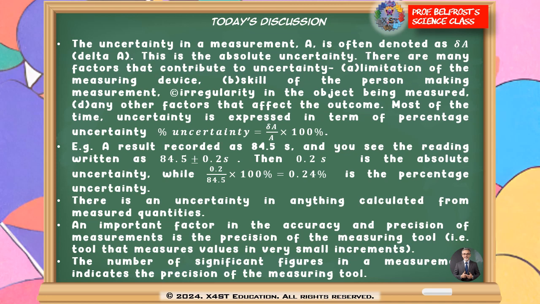Most of the time, uncertainty is expressed as percentage uncertainty, which equals delta A over A times 100%. The percentage uncertainty gives us a clearer picture of how accurate or inaccurate a measurement is.